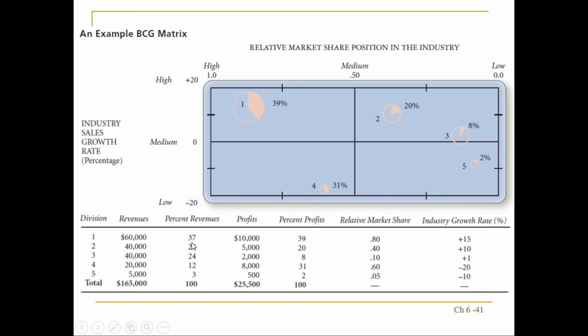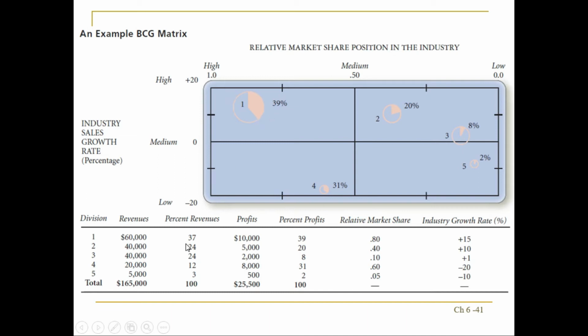You can see that 37% revenue is being earned, and that 37% is shown by this pink angle. So the complete information is recorded in that BCG matrix. Now again, your first division has 80% relative market share, with 15% industry sale growth, it is located here, and that 39% weight explains the huge size of the circle.